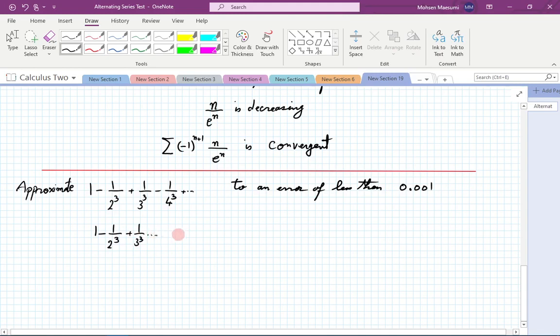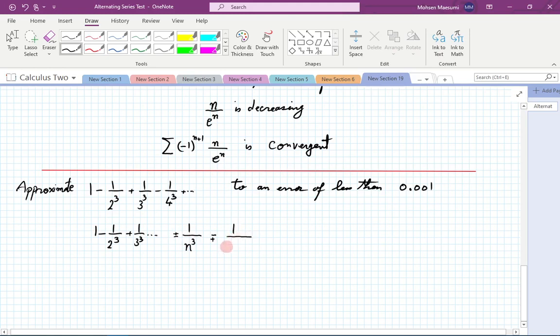Okay, so here suppose we start 1 minus 1 over 2 cubed plus 1 over 3 cubed, and so on we go. And suppose we decide to stop. Now we don't know if at the very last we have added or subtracted, so it could be either of them, depending on whether at the even numbers we are subtracting and the odd ones we are adding. So depending on where you stop, it's going to be some number cubed. Well, what comes after that, the signs are flipping, so it's going to be the opposite of this one.